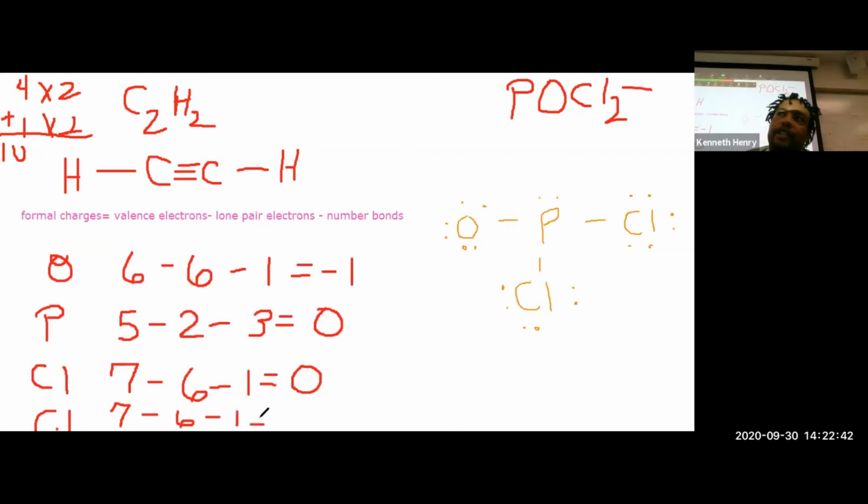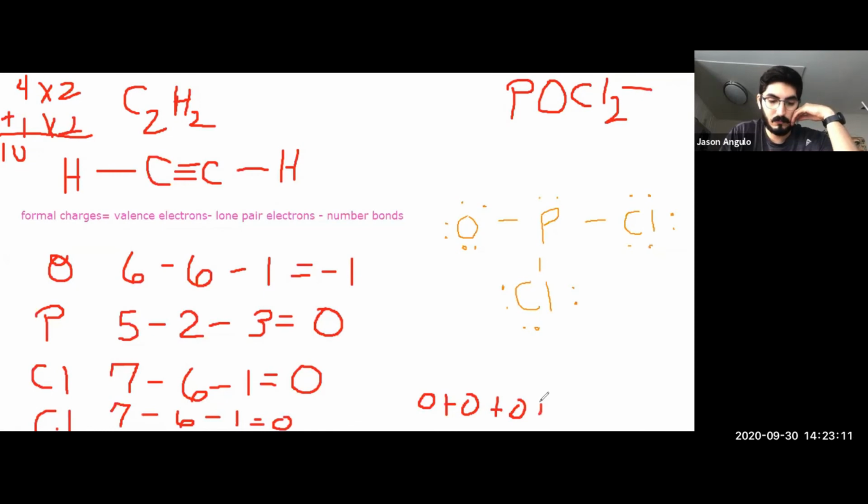Okay, so this is called formal charges. At the end of the day, if I add up all of the charges together, it should equal the charge on that compound. So 0 plus 0 plus 0 minus 1. Does that equal minus 1? Yeah.